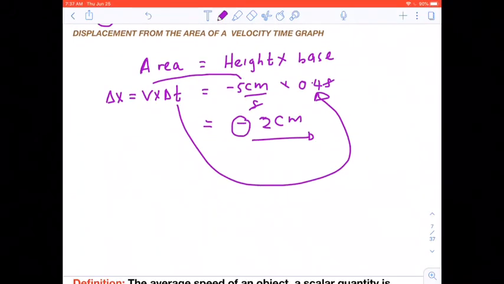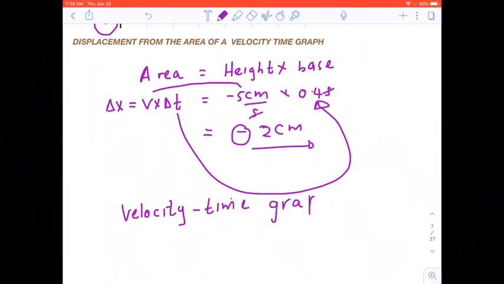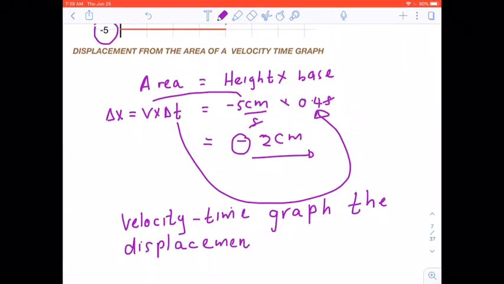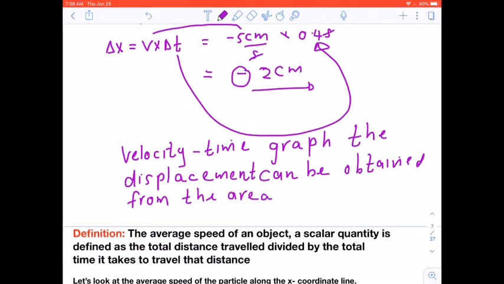So what we're saying is that from a velocity time graph, the displacement can be obtained from the area under the curve or line.